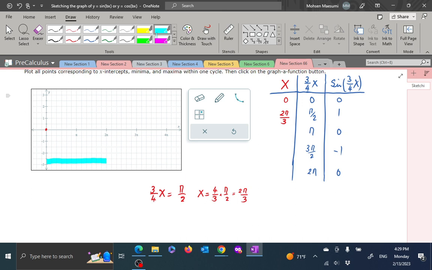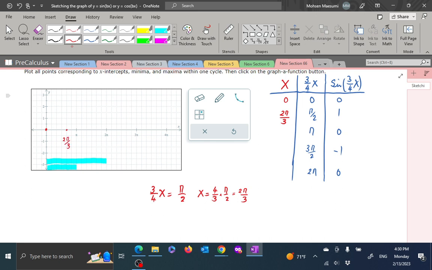You notice that there are 6 square blocks here. I want 2 pi over 3. 2 pi matches to 12 square blocks. A third of it will be 4 square blocks. So this is 2 pi over 3.